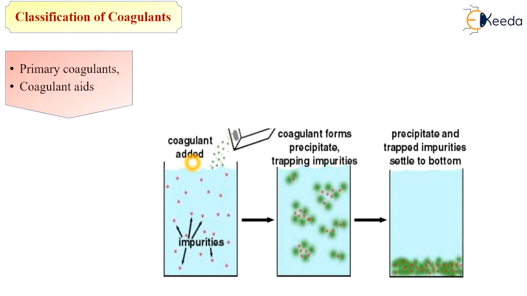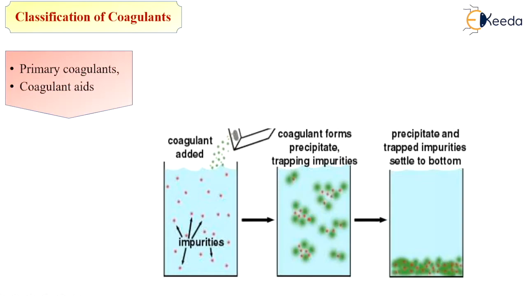We add these coagulants into the raw water, and because of the van der Waals force of attraction between negatively and positively charged particles, flock formation occurs. Flock means a cluster of bigger-sized particles. That flock will settle down in the secondary sedimentation tank.